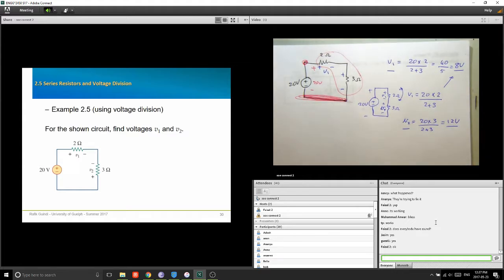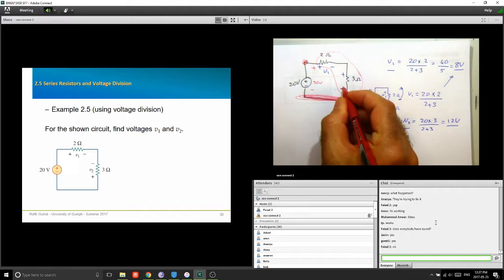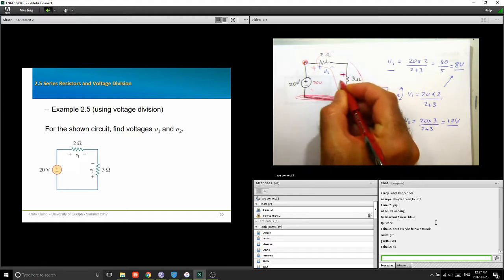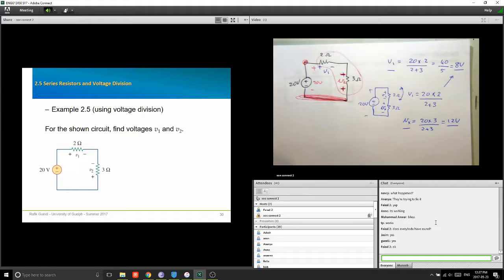Now this is the proper application of the voltage divider. As your colleague just pointed out, they're asking for V2 with a reverse polarity. They want to know how much this voltage is if I put a plus here and a minus there, and this one is called V2. I found Vx like that, that's 12 volts. How much would V2 be that they're asking for?